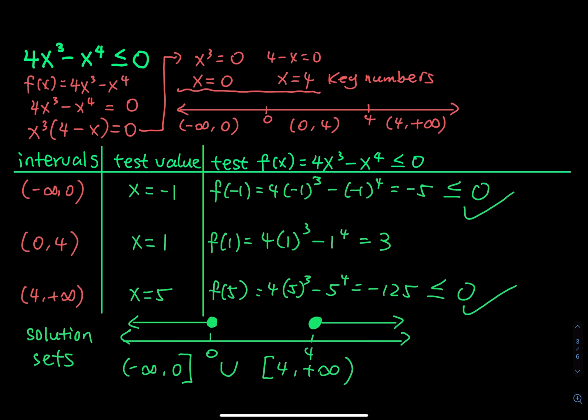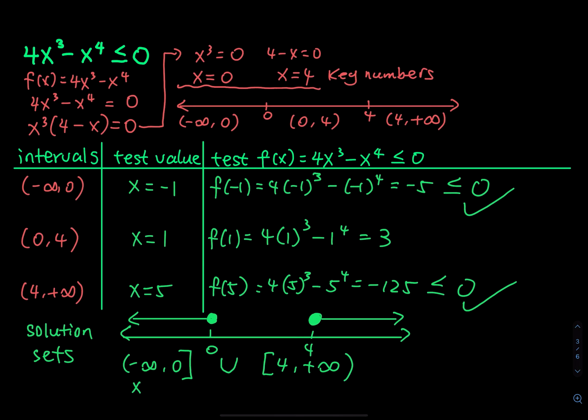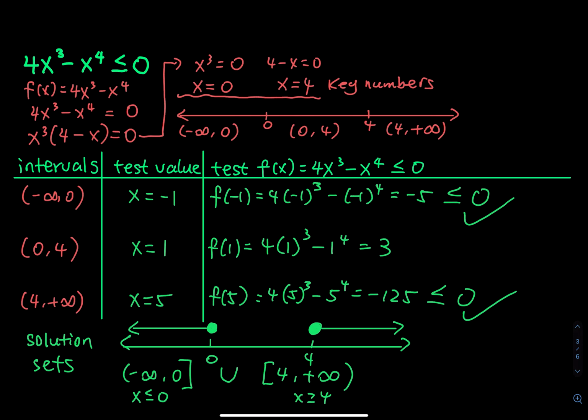And then what else do we have to write? You can put this in inequality: x less than or equal to 0, x greater than or equal to 4, depending on what the textbook is looking for. In my class, I always ask students to do all of them: the number line, the interval, and the inequality.